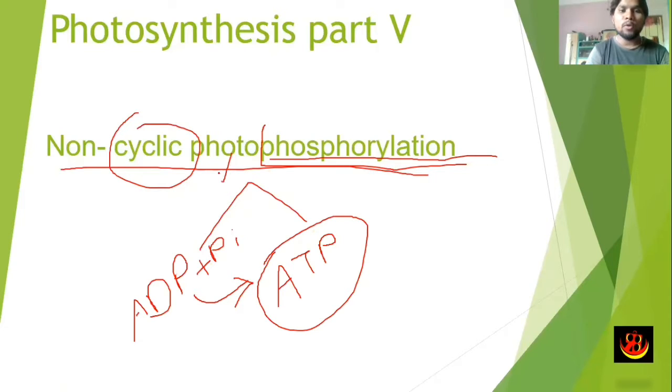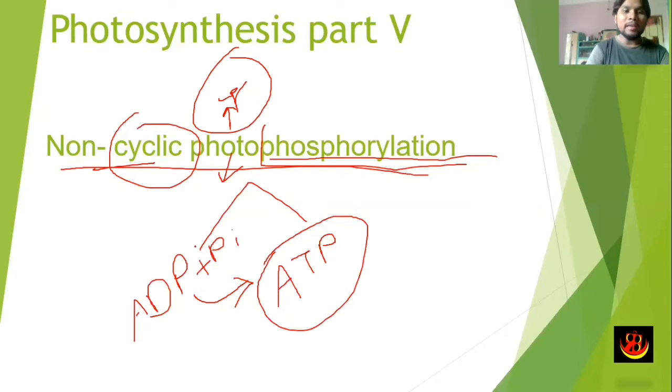Now, why photophosphorylation? Why photo? As we know, photo means light. In the photosynthesis process, light is the crucial requirement. This light is the driving force, exciting the chlorophyll, and while exciting, the electron is passing through the non-cyclic and cyclic pathways.